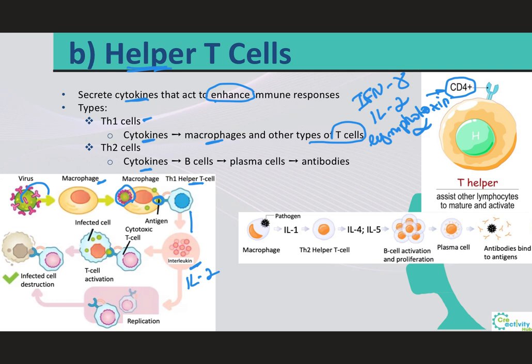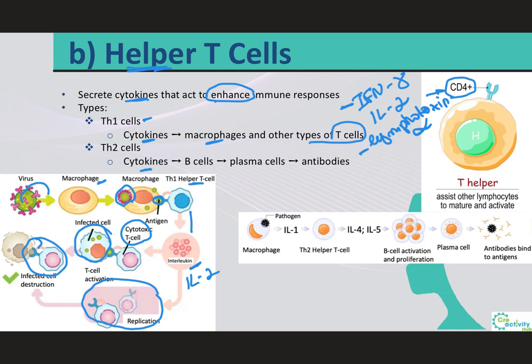In addition, these cells can also secrete, like I said, interferon gamma and lymphotoxin alpha that will then recruit your cytotoxic T cells to destroy the infected cells and also to replicate and give rise to more cytotoxic T cells to destroy the same virus that might be circulating in our body.